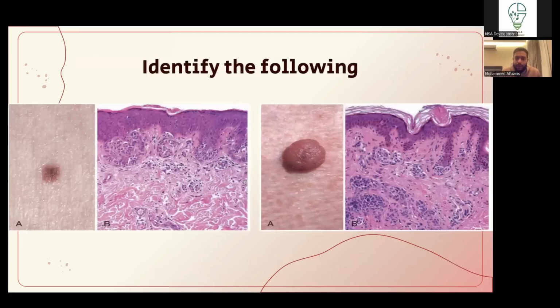Okay, now over here we have two types of nevi that you need to identify. This one is only involving this. So what do we call this type of nevi? Junction. Good. This nevi is a junctional nevi. Now, what if it's involving the junction plus the dermis?